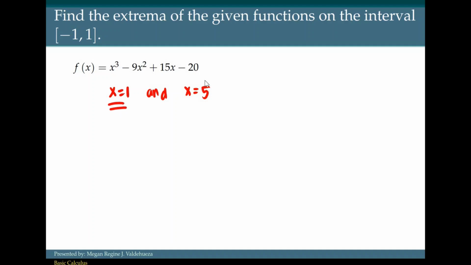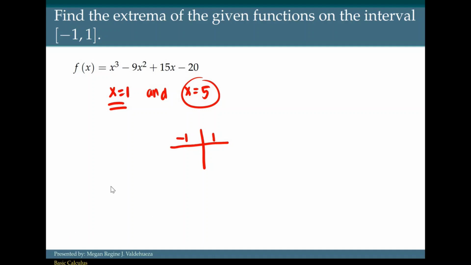So x equal to 5 here will be rejected since it doesn't belong to the domain or the interval -1 to 1. So, having a table of functional values, we have -1 and +1 only.